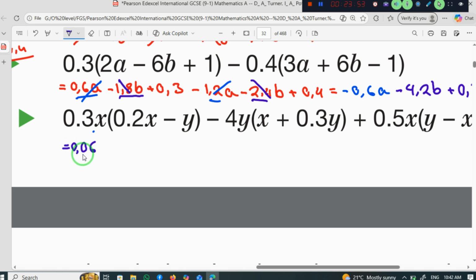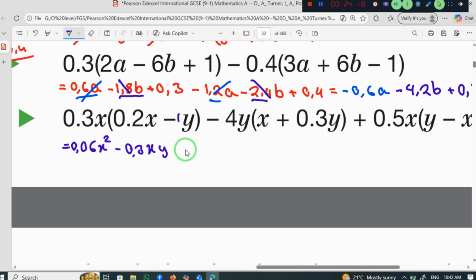The answer is 0.06. x multiplied by x becomes x squared. Positive multiplied by negative gives us negative. 0.3 multiplied by 1, its coefficient is 1 here, becomes 0.3. x multiplied by y becomes xy. This one is simplified and we come to the second bracket here.